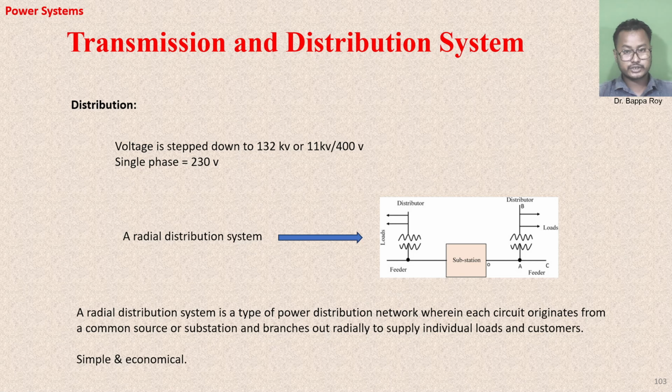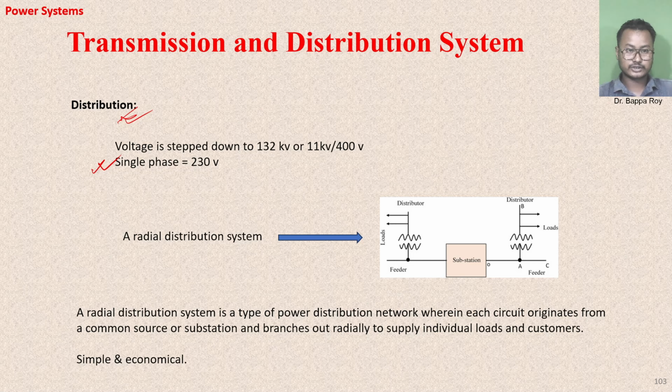And distribution. Let's see this. Voltage is stepped down to 132 kilovolt or 11 kilovolt, or 400 volt. Single phase, normally 230 volt, is supplied at our home. Distribution is where the connection from your nearby substation comes to our home, that is the distribution line.